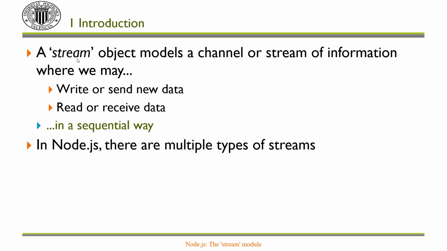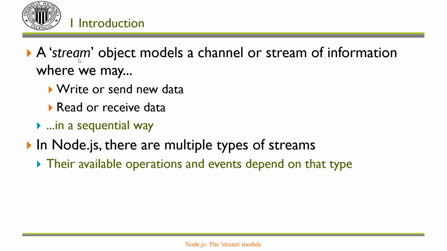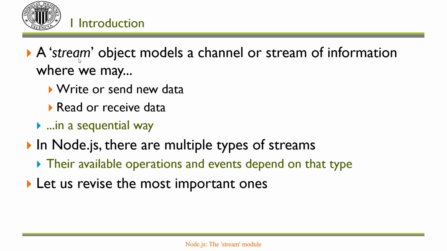In Node.js, there are multiple types of streams. Their operations and events depend on that type, so we'll explain types first and later on operations and events. Let us revise all these elements.